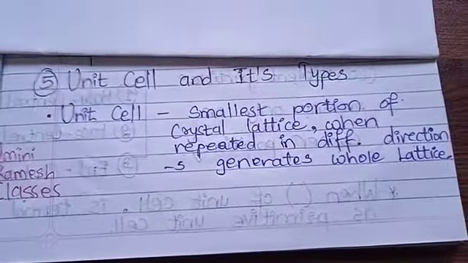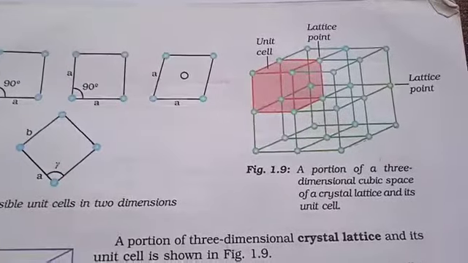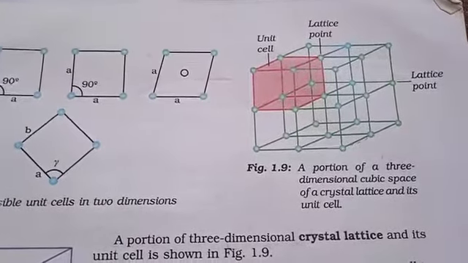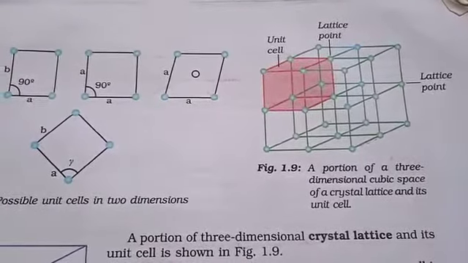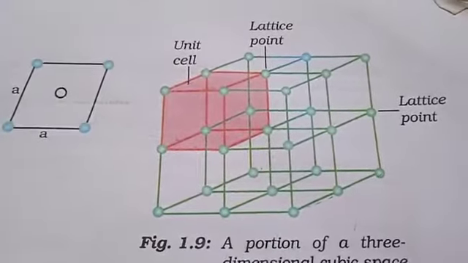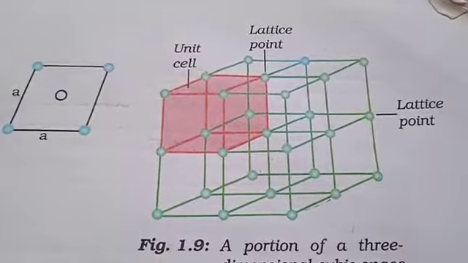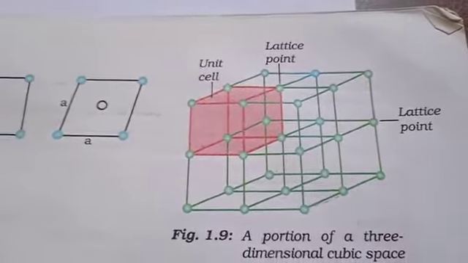So let me proceed ahead with the figure. As you can see in figure 1.9, the red part is my unit cell, but the whole green part, that is the whole figure including the red, is going to be the crystal lattice, or you can say space lattice.